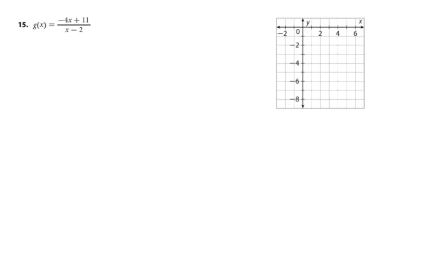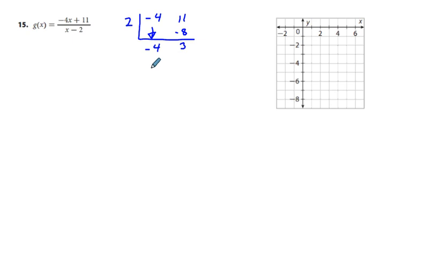Number 14. Number 15, same thing we've done in problem 13. We can synthetically divide. So we put 11 here, and we bring our 0 out here, which is 2. Bring down the negative 4. 2 times negative 4 is negative 8. 11 minus 8 is 3.